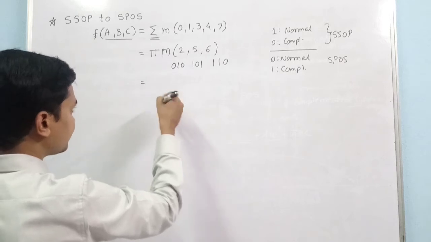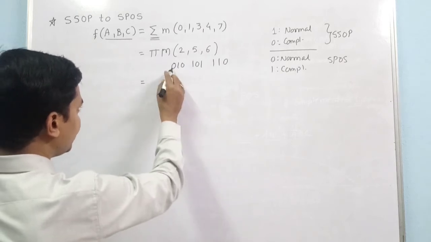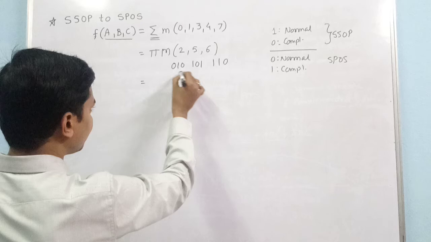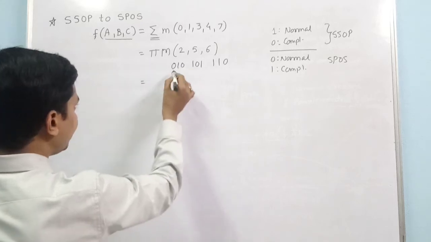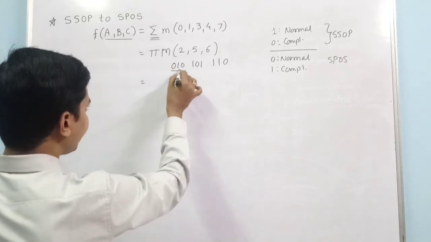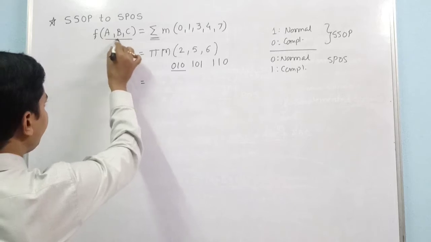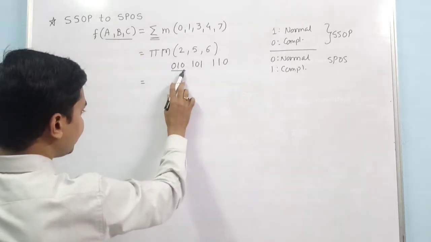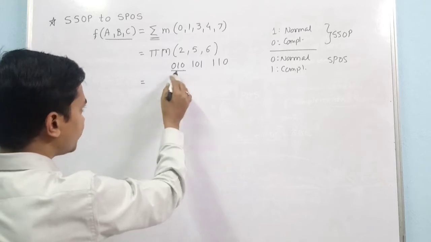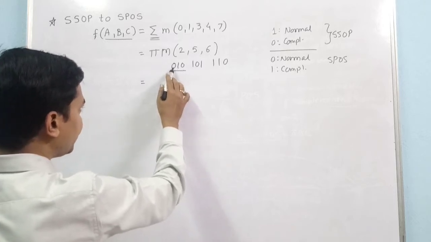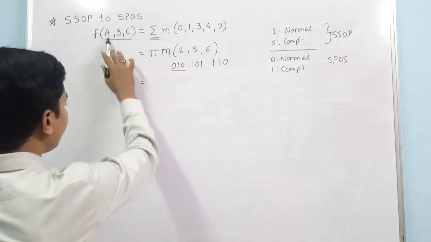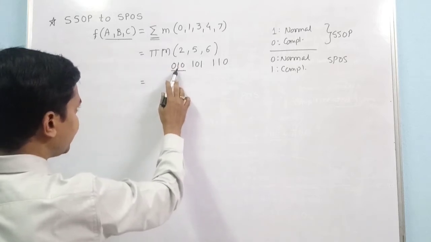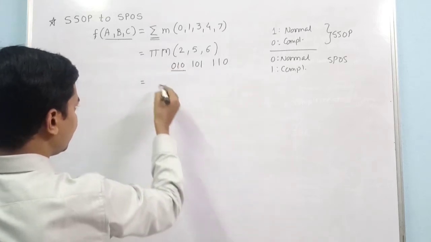Now next step is 0 1 0. Actually these bit formats are written in the sequence A B C, so the first bit indicates A, second is for B and third is for C. So 0 should be replaced by normal variable and 1 should be replaced by complemented variable.